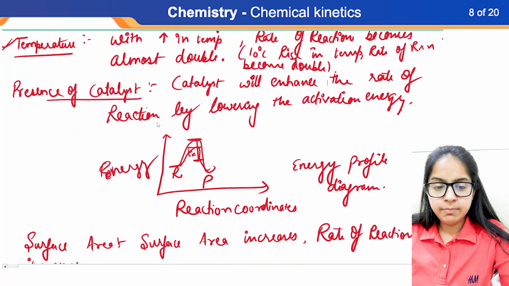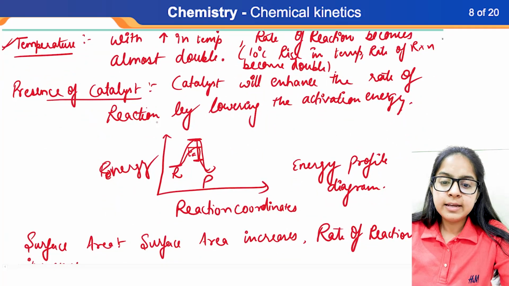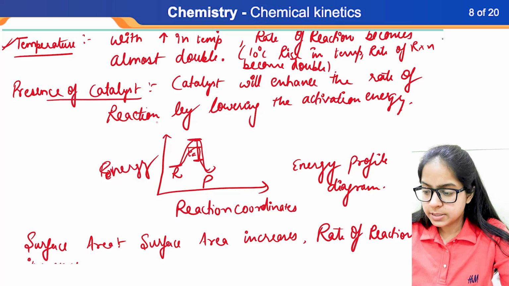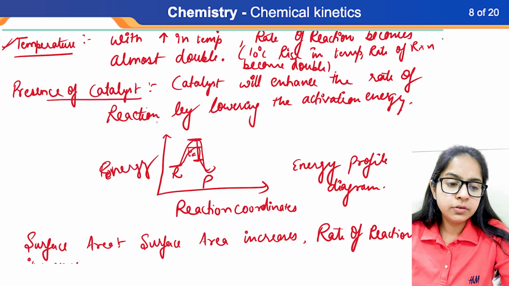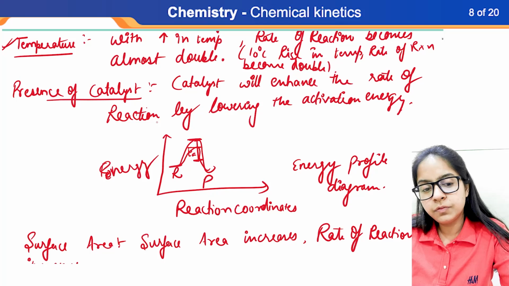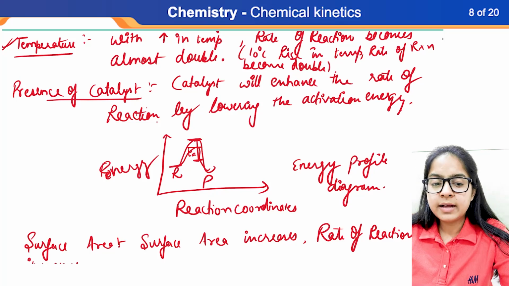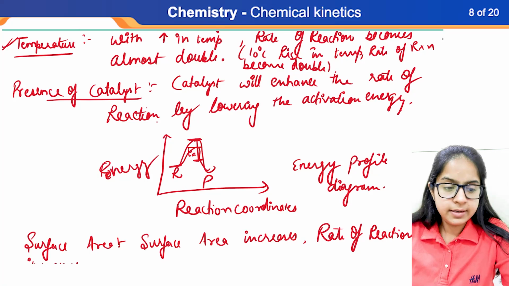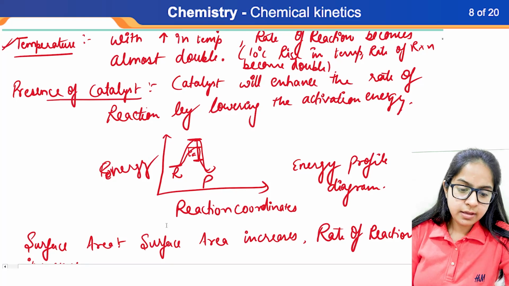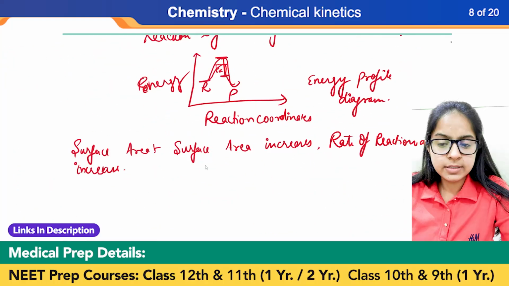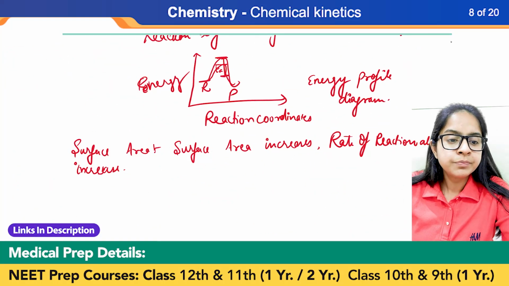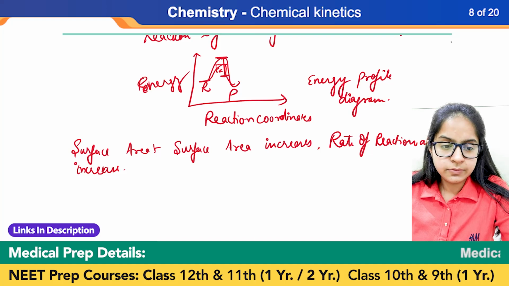The second question that may be asked is the catalyst effect. They can ask whether the catalyst is going to affect the chemical reaction or not. You will say that it only decreases the activation energy to enhance the rate of a reaction. Then the surface area: as surface area increases, the rate of reaction also increases. So this they can ask you.